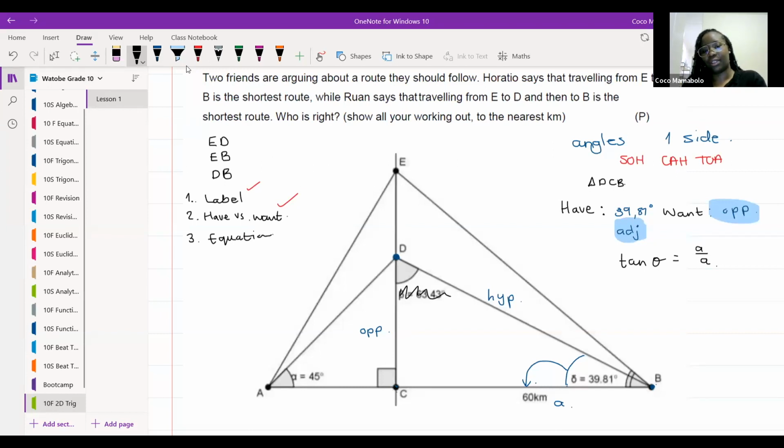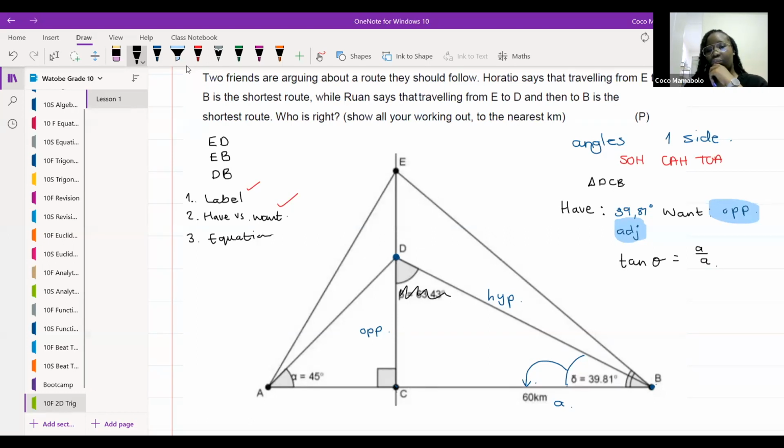Ma'am, do we have to round off the angle for 39, like 39.0? No, not in this case, it's just 39. All right.